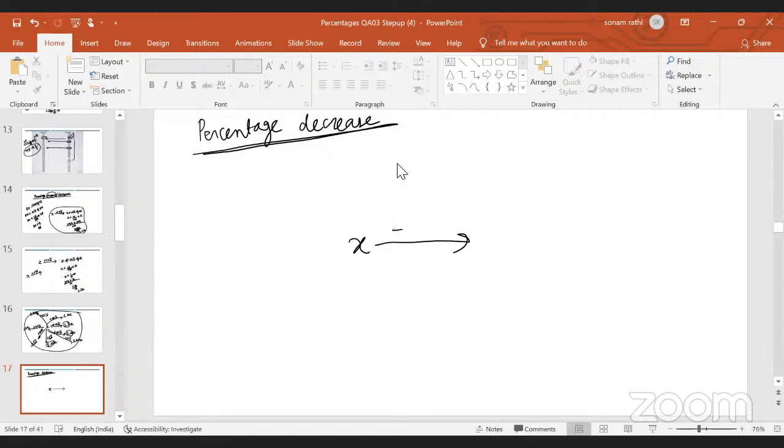If I decrease it with 10%, what will I get? Now you guys have to solve and tell me. I am not solving it. I told you how to do increase. Now you have to tell me what I will do. If I decrease by 10%, what will I get? 0.9x.